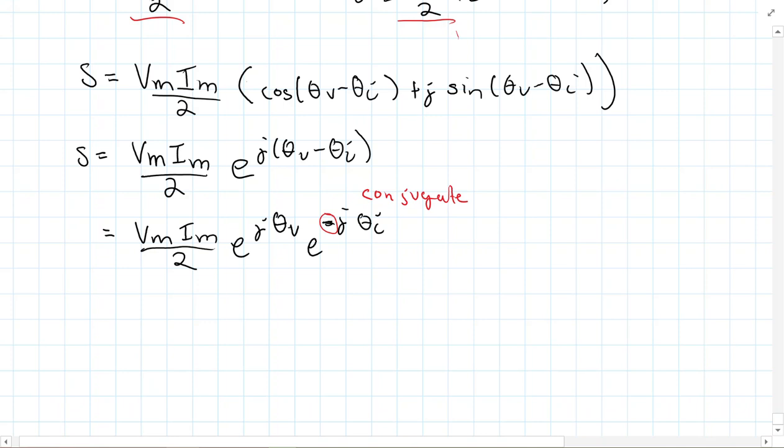And so if I think about this, what I wind up getting is that this would be equal to Vm Im conjugate over 2.